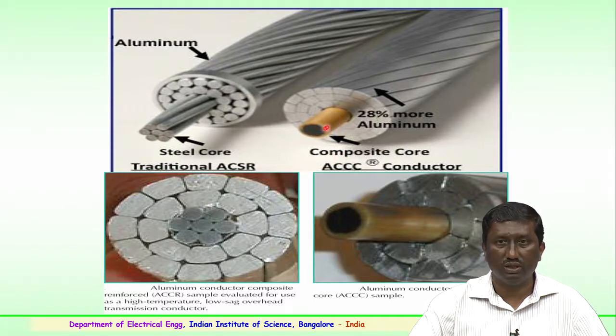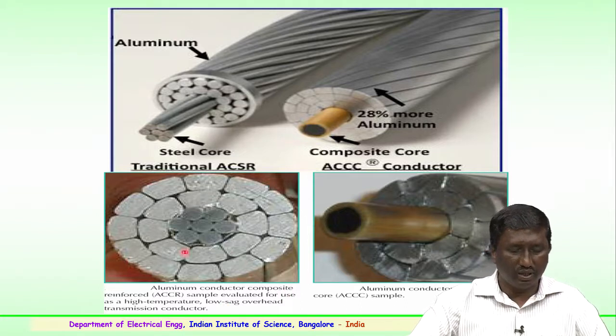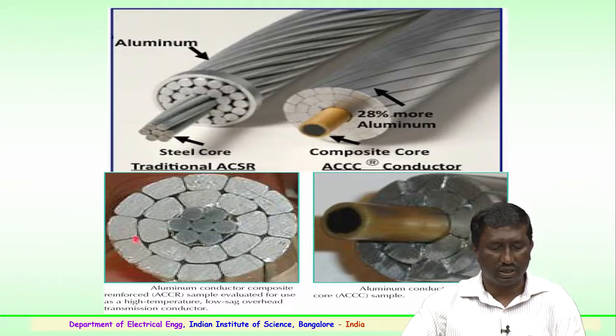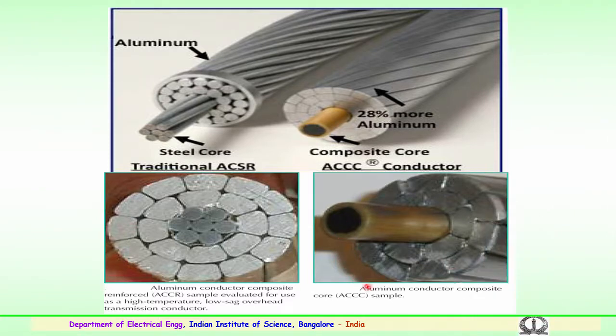You can see the core is composite in nature, a composite material with special aluminum conductors, particularly the trapezoidal nature, and clearly there is no air gap between conductor to conductor. This could be further seen here, how the strandings of the aluminum conductors are placed for better conductor management.